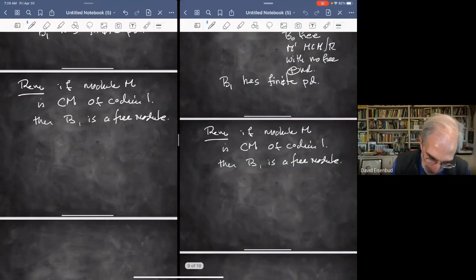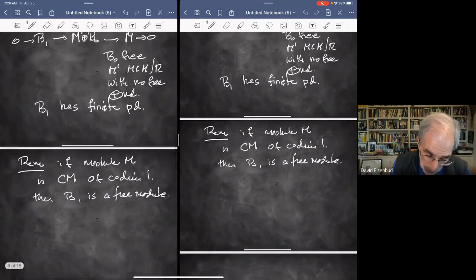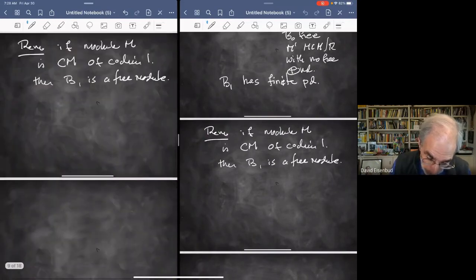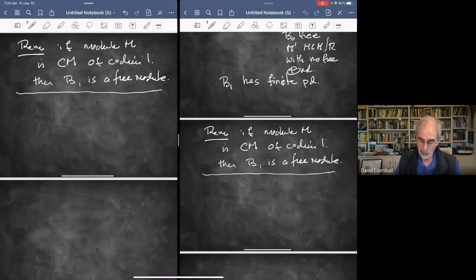So, yeah, no problem. So B1 is a free module in this case. And that's the case we're going to use. So a talk should contain a proof of something. And since this isn't so well known and it's easy to do, let me explain why this is all true.